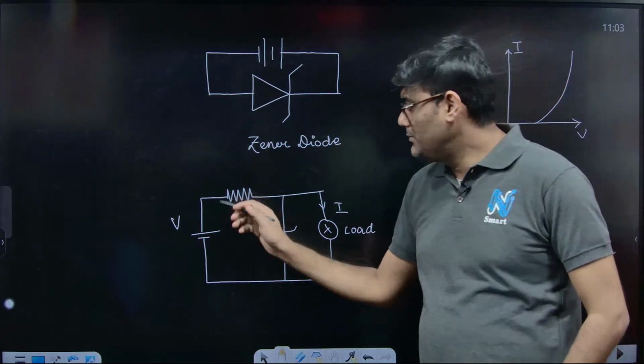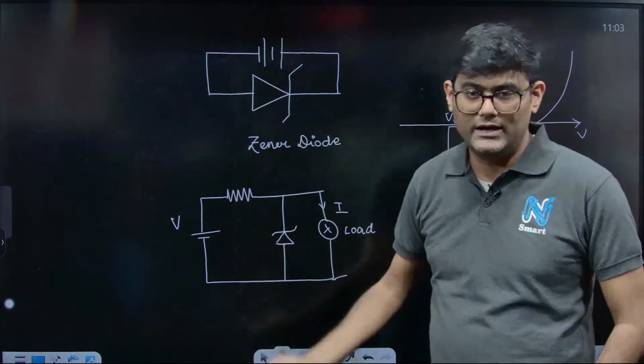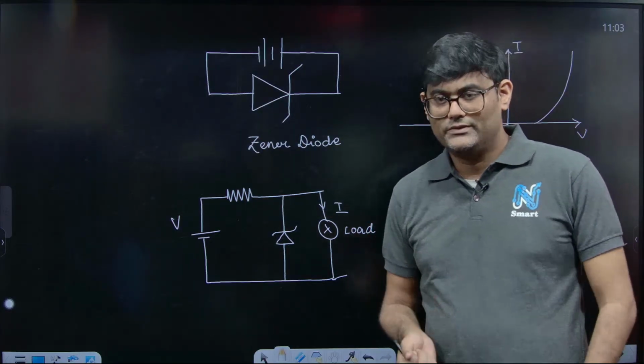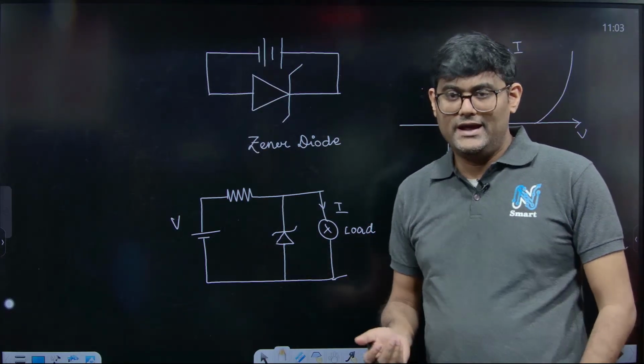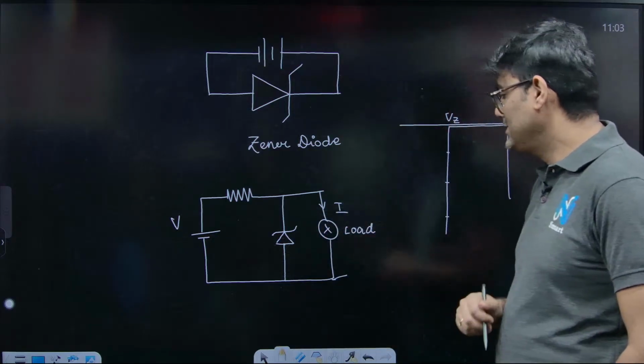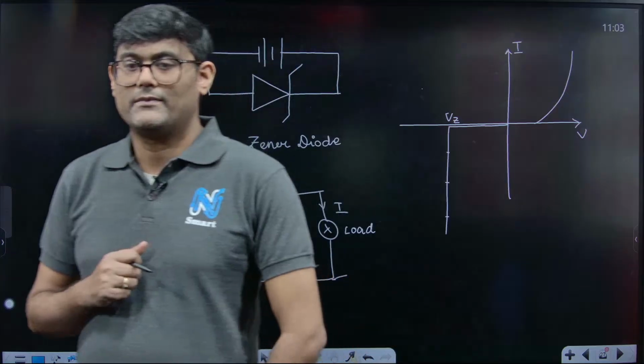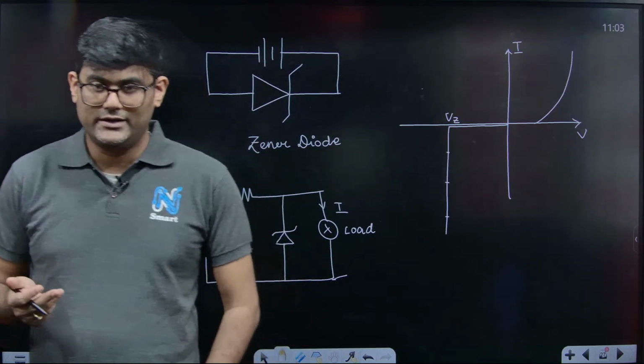The input voltage may spike very high, but the Zener diode will consume the extra current and make sure that the load circuit will not carry a different current.